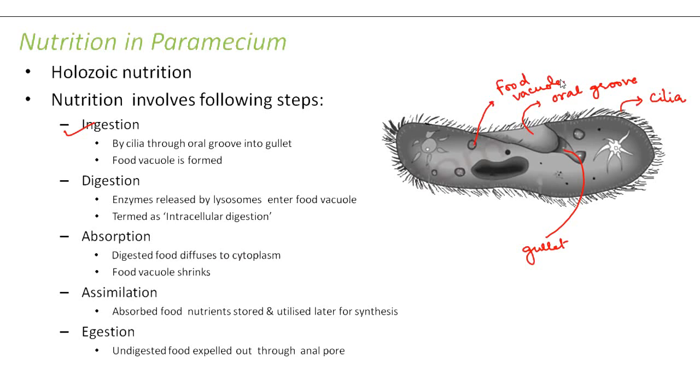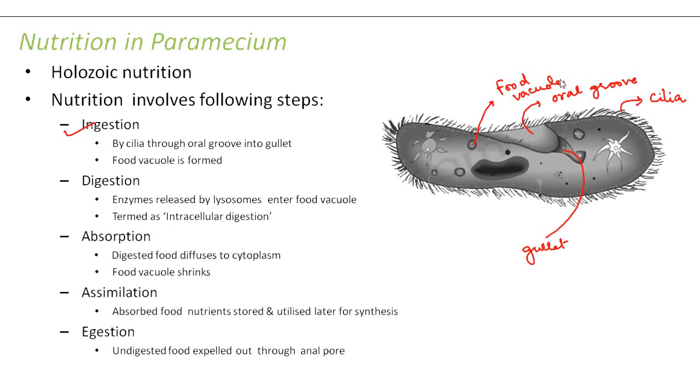So it will keep floating in the cytoplasm, moving from one place to another. This is how ingestion takes place. Ingestion happens with the help of cilia through the oral groove and goes into the gullet. When enough food is accumulated, a food vacuole is formed which keeps circulating in the cytoplasm.